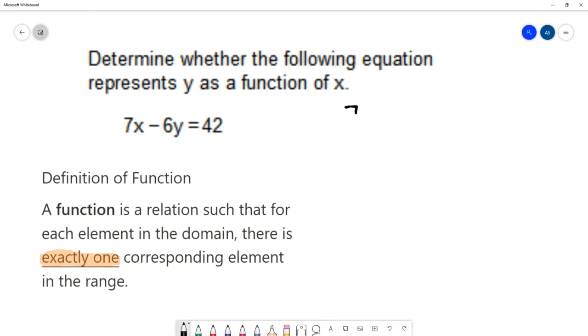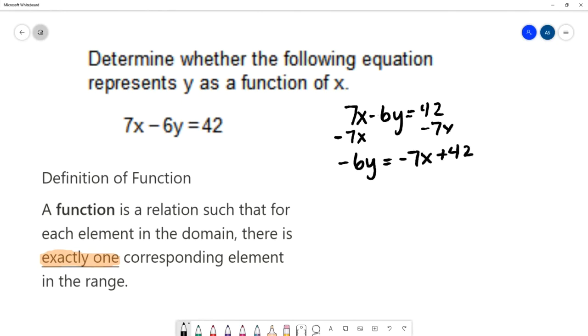So we're going to start off with 7x minus 6y equals 42 and try to solve for y. We're going to subtract 7x on both sides. That gives negative 6y equals negative 7x plus 42. We're going to divide both sides by negative 6.